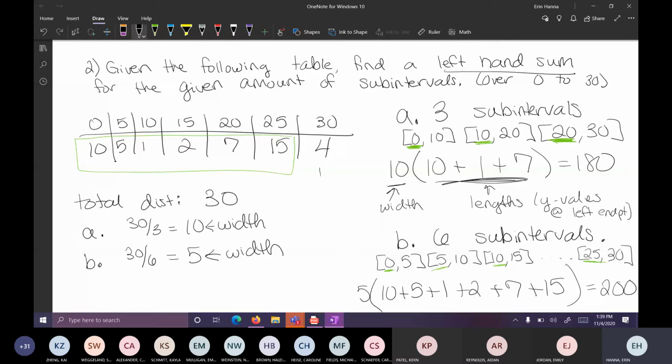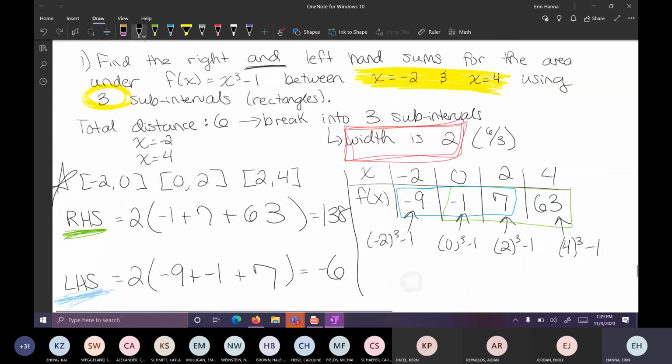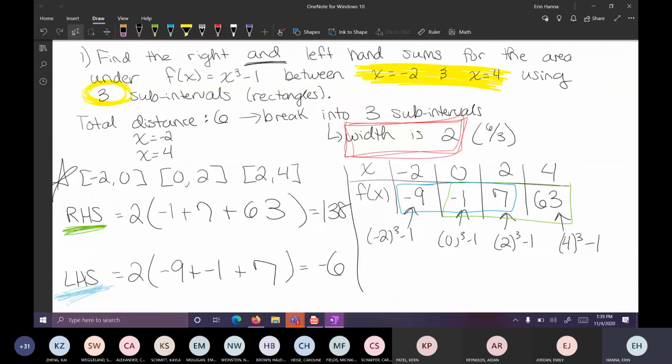Okay, the one last thing I want to remind you of before we do notes for a hot second and then take our quiz is if you're asked to find both of the sided sums, remember that you can also find a better estimate by averaging the two.